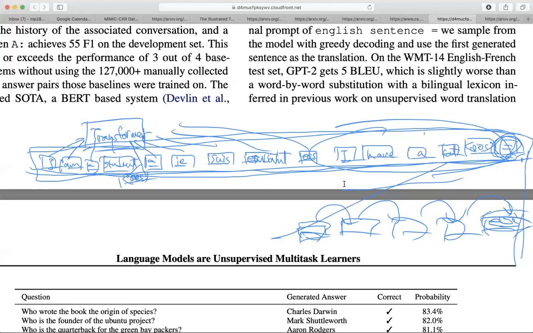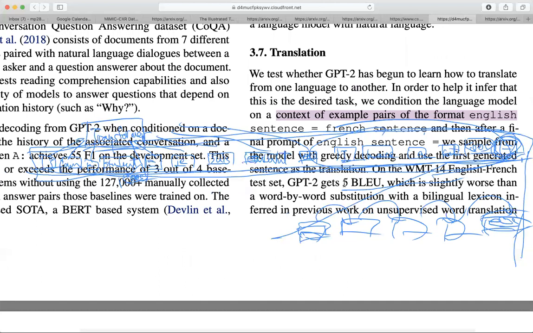And that's how they use GPT-2 for various downstream tasks without fine-tuning the model, without any backpropagation happening. They just give this kind of a cue to GPT-2 to make it perform any downstream task.